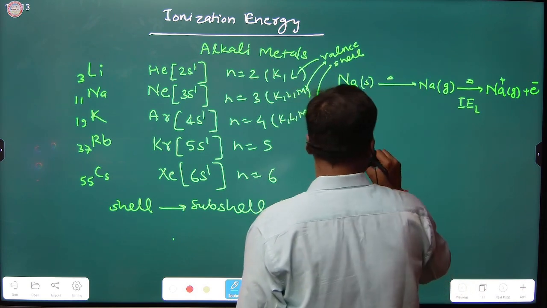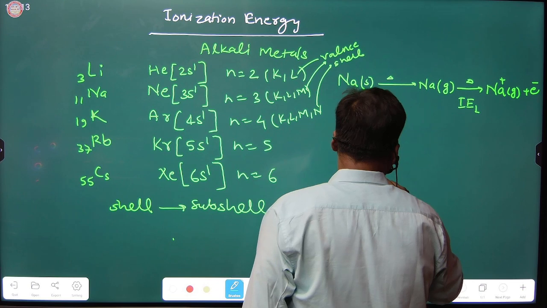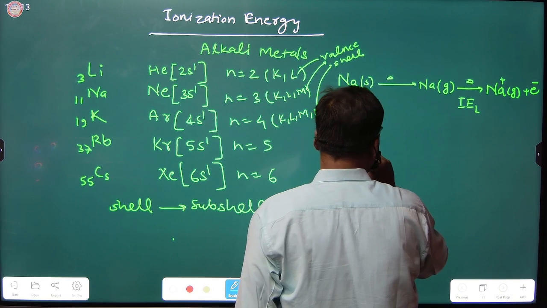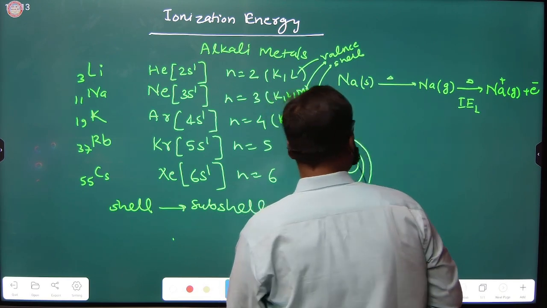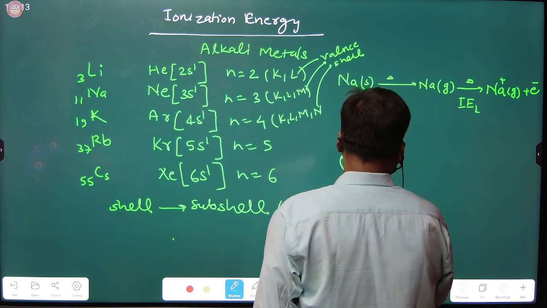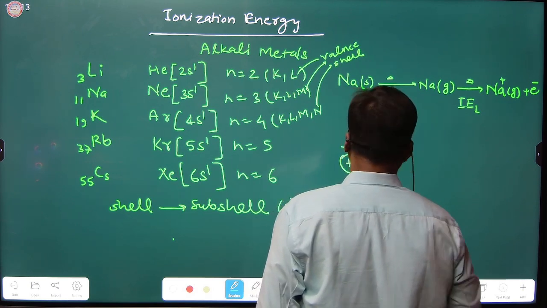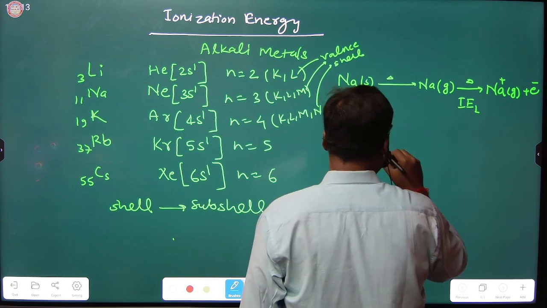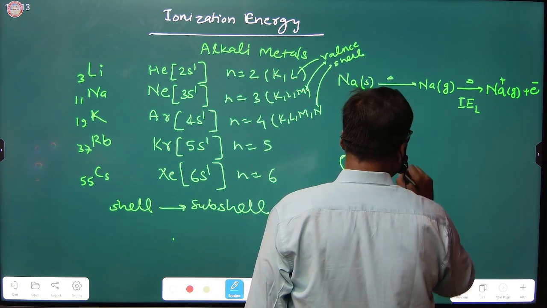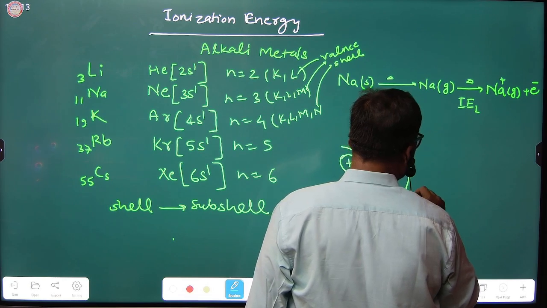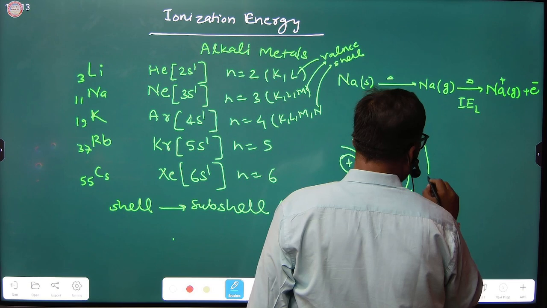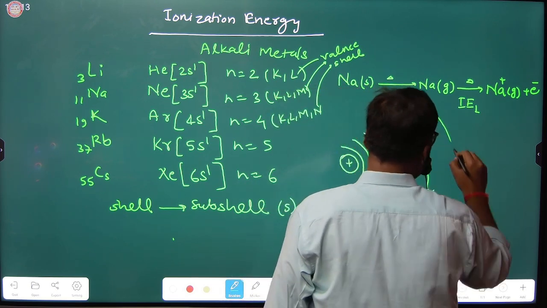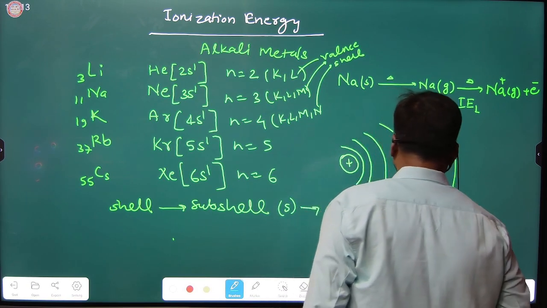Suppose 2s is located here, and this is your 1s, this is your 2s, this is your 3s, this is your 4s, this is your 5s, and this is your 6s.